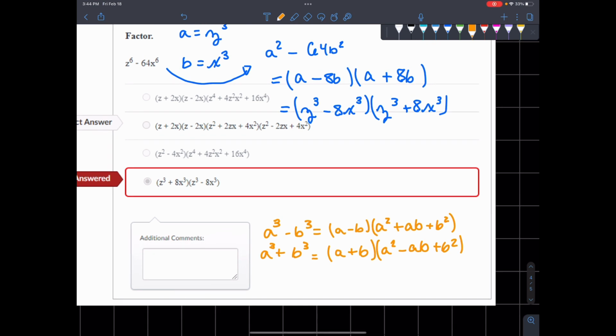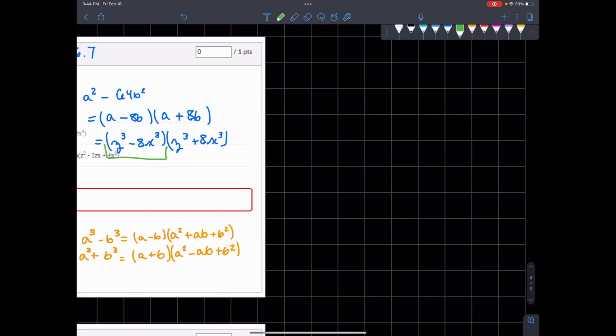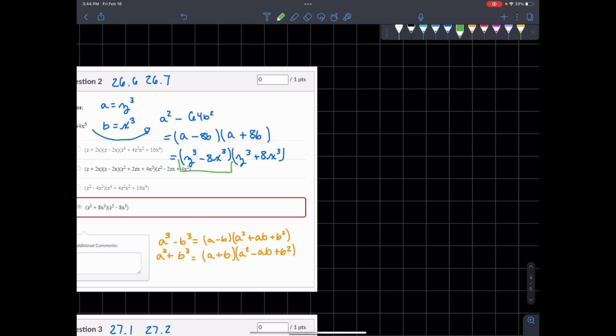Awesome. So in this case, let's figure out what our a and b are. It looks like there's two differences of cubes. Let's do this first one in green. Maybe I'll do it over here in the space, in case we run out of room. In this case, our a is going to be equal to our z, and our b is going to be equal to our 2x, because remember, if we cube the 2, we get that 8.